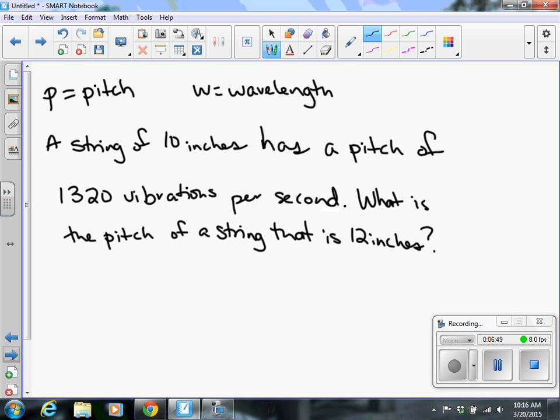Looking at this, I know I'm working with 10, 1,320, and 12 inches. So I'm going to go ahead and plug in the information I know from the first sentence. So I have 10 times 1,320 equals K. So 13,200 equals K. Now, I'm trying to find the pitch, so that's my y in this case.